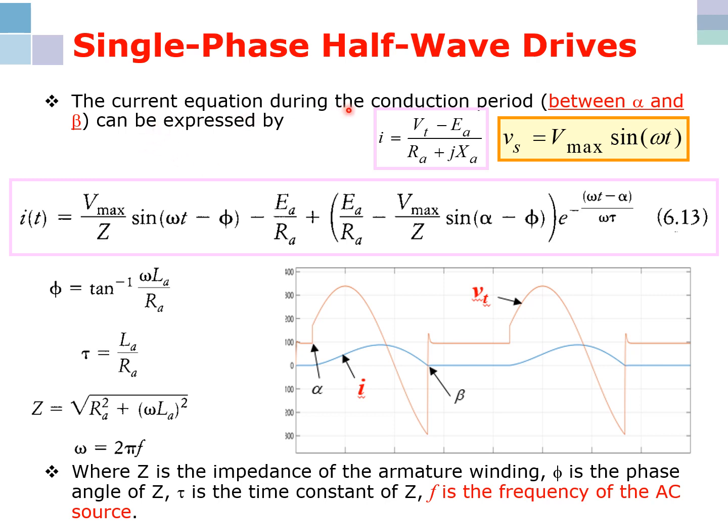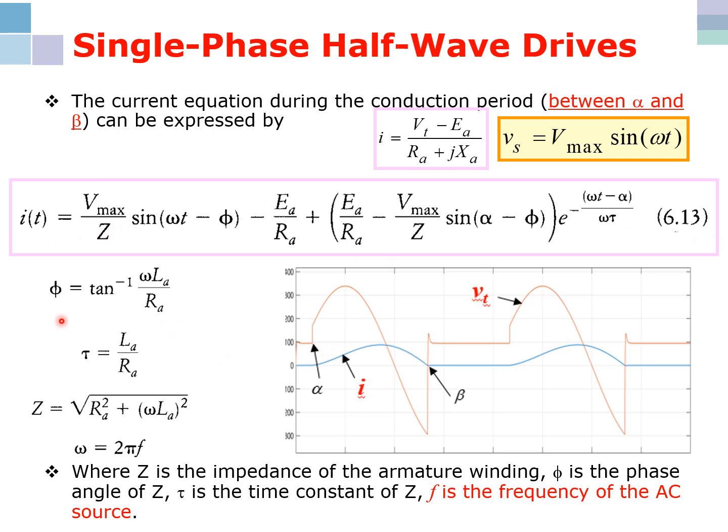The current equation during the conduction period between alpha and beta is I equals VT minus EA over RA plus jXA, which is the impedance Z. As you remember, the applied voltage is Vmax sine omega t. If we convert this to the time domain, we get equation 6.13.